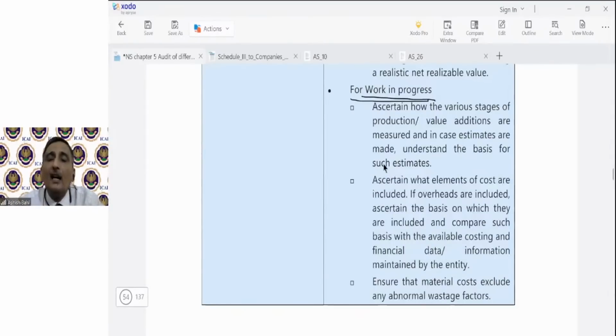So how does the company value items in different stages of production? What elements of cost are included in different stages of production? How much labor expense is allocated, or how much different types of manufacturing expenses are allocated? These things are verified by the auditor while verifying work in progress.